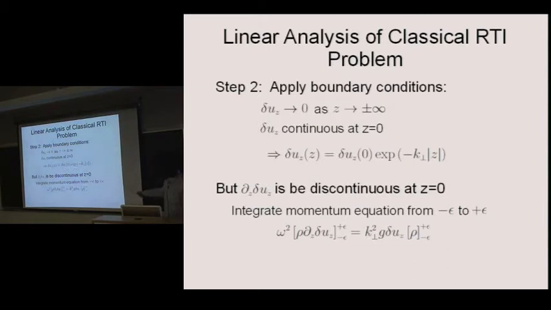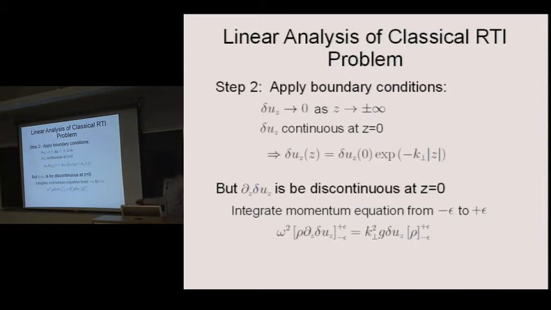And this says that if you are above the interface, so if z is positive, your perturbation decreases exponentially with height. And if you are below the interface, so when z is negative, the perturbation decreases exponentially as you go down. Okay?